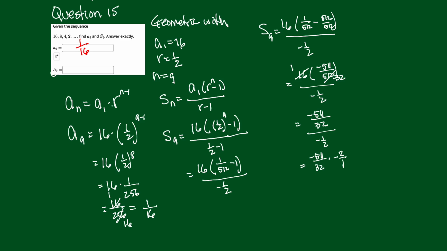Invert and multiply. And now negative times negative is positive. I get 511 over, 2 into 2 is once, 2 into 32 is 16. All right, that is the sum of the first 9 terms. I'll write that up here. It is 511 over 16.